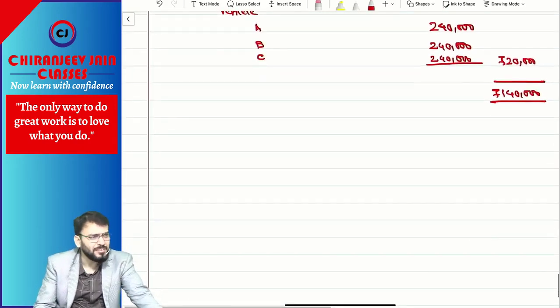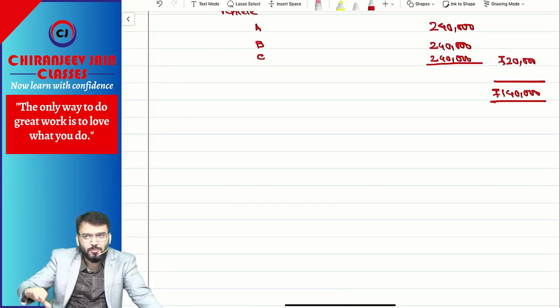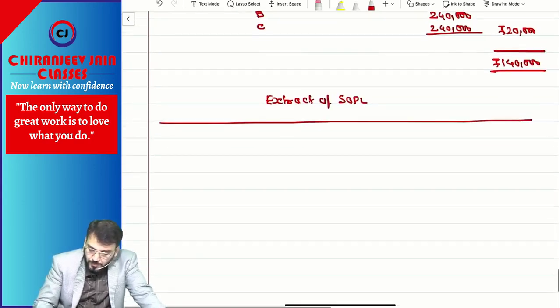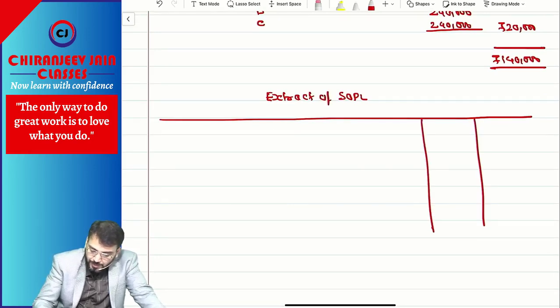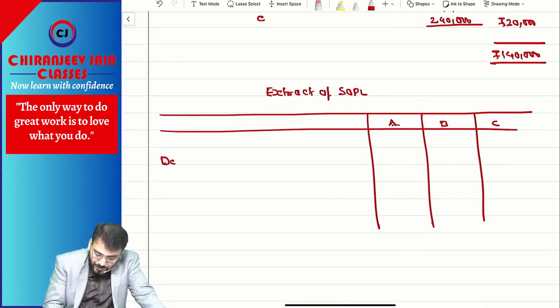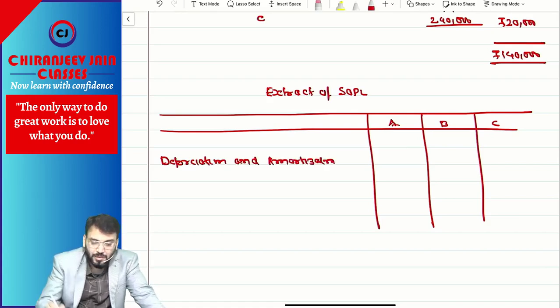So I am drawing one format in one column for all. First write the extract of SOPL, A, B, C. What is the depreciation and amortization? Can you give me the total? We have to calculate again the total depreciation.